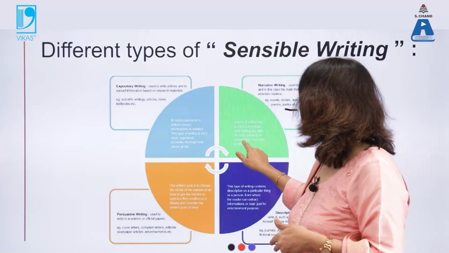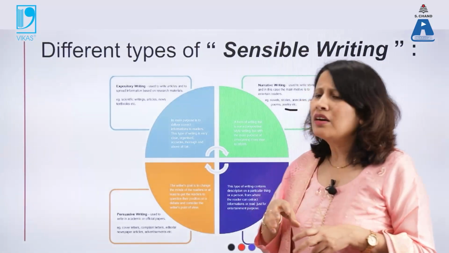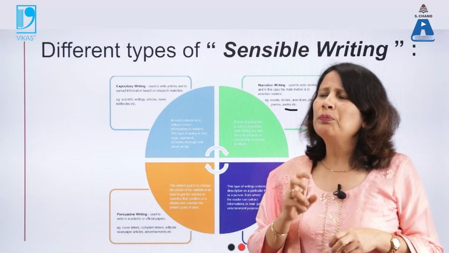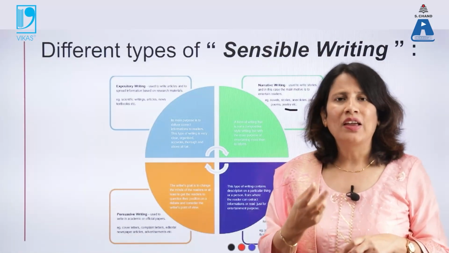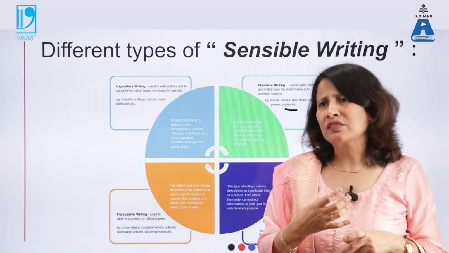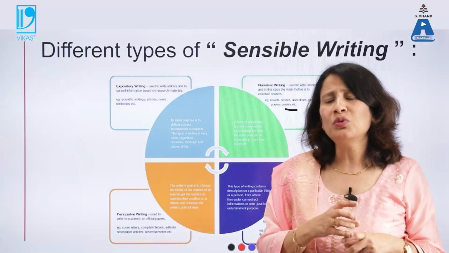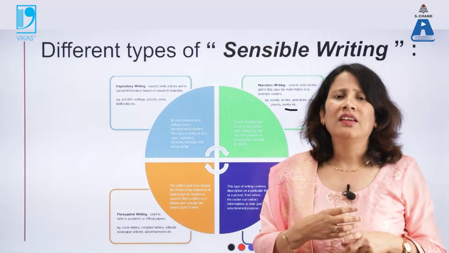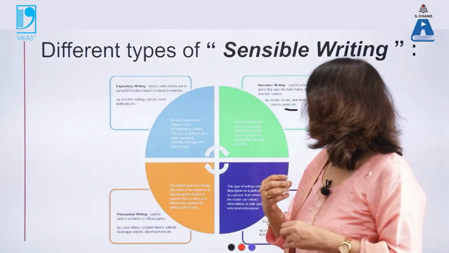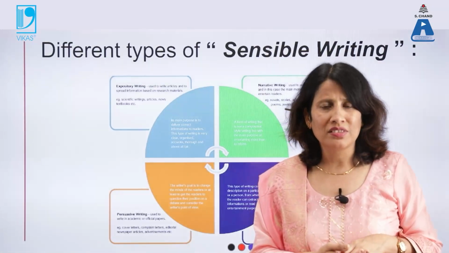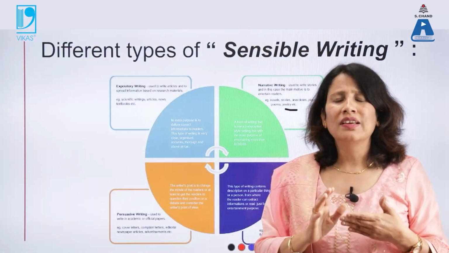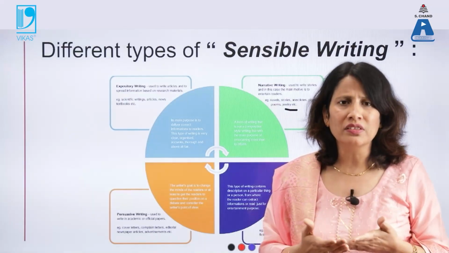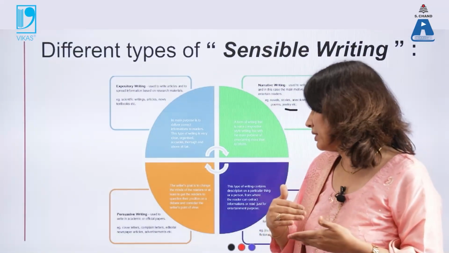The purpose of narrative writing is to inform or to entertain. Or if I have to be very specific, the purpose of narrative writing is to give delight and some kind of entertainment to the readers. So if we write a poem, a novel or a story which actually entertains the readers, that will be a part of narrative writing.